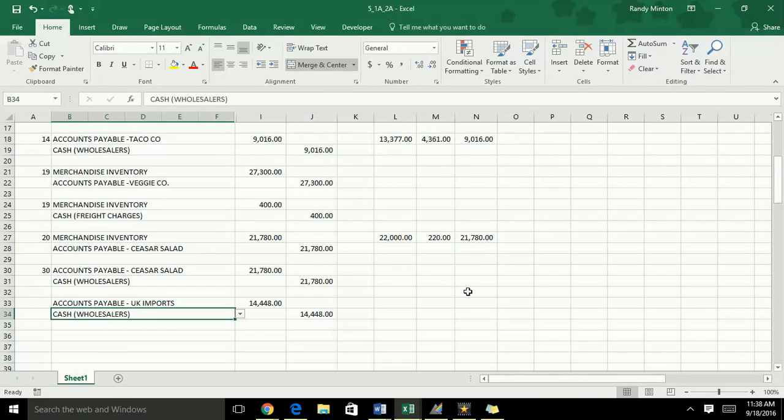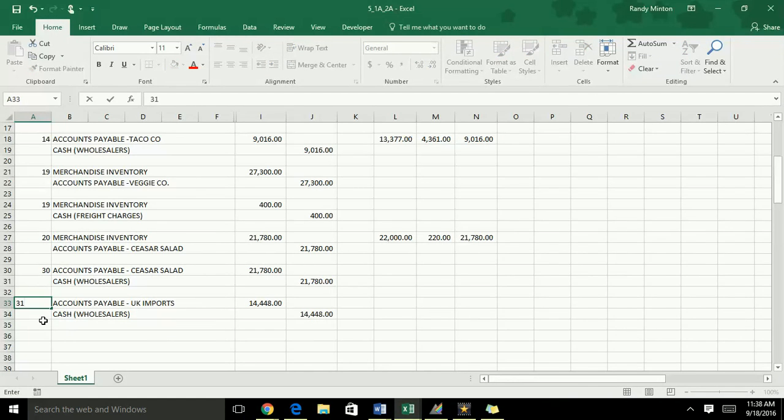What happened in this case is that we bought some merchandise on the 1st from UK Imports for a net of $14,448. There wasn't any additional freight considerations and no discount. So now we're just paying it. So that's happening on the 31st, which is exactly 30 days from the date that we actually bought the merchandise.